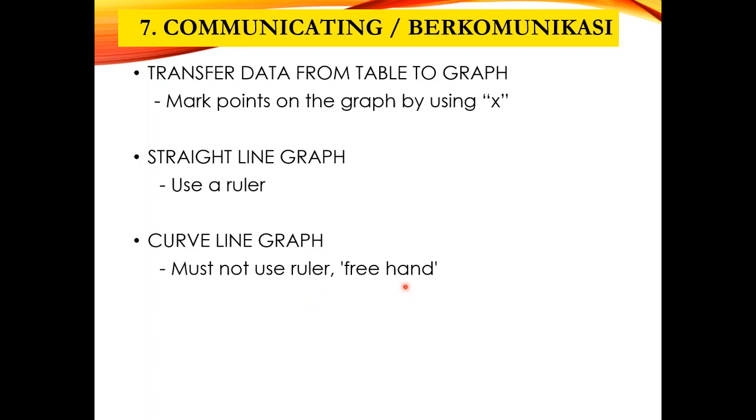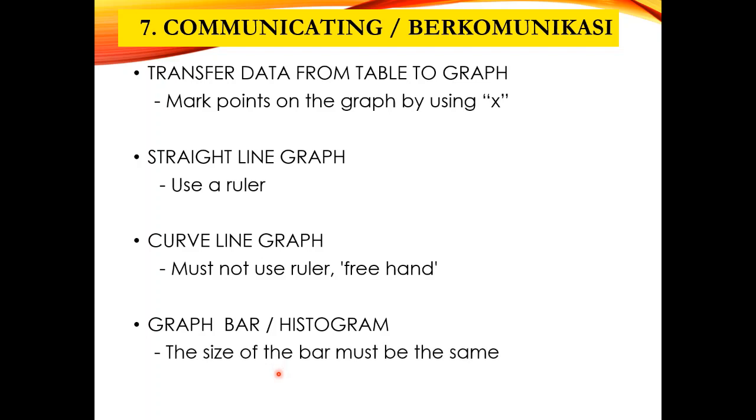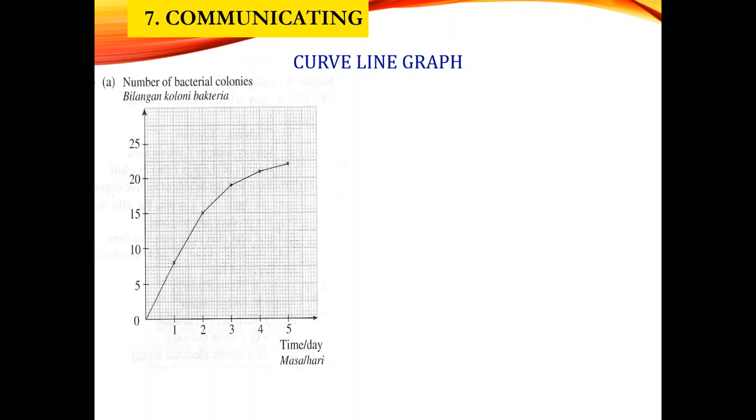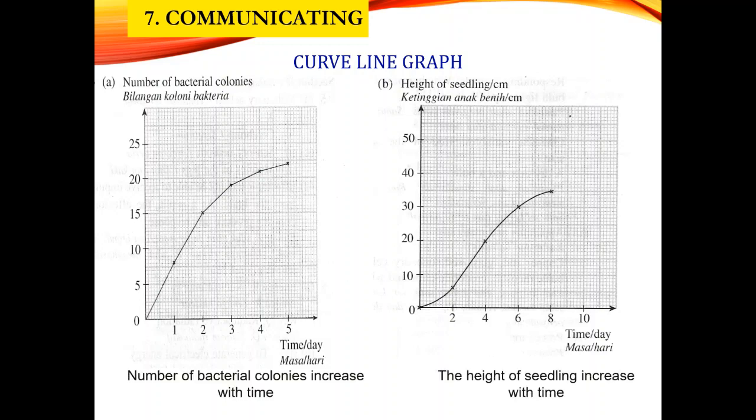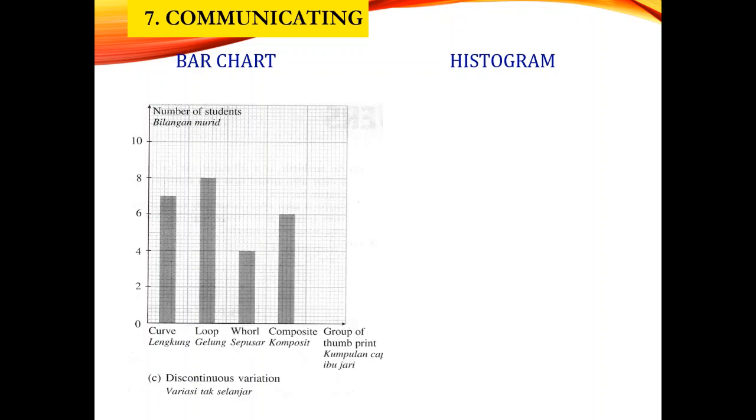Okay, remember this. And then for the bar chart and the histogram, usually the size of the bar must be the same. The size of the bar must be the same. And then this is the example of the curved line graph. Like this, freehand drawing. Remember, this is a freehand drawing graph. And then, okay, this is the bar chart and histogram.